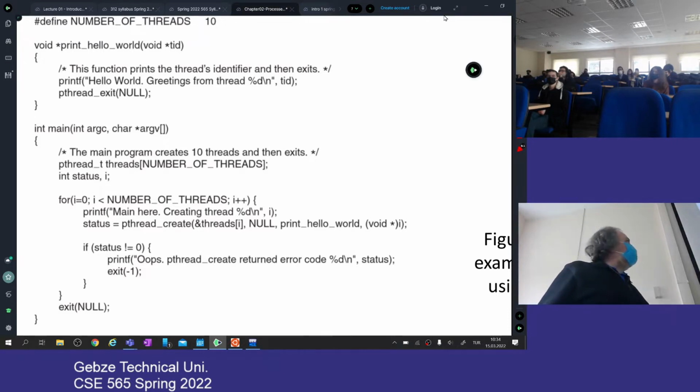We don't know, okay? Once your threads start running, the scheduling is done by the operating system or the thread library. So it is not in your hands anymore. You cannot know the order of execution of these threads, and you cannot know when it's going to switch from one thread to another.